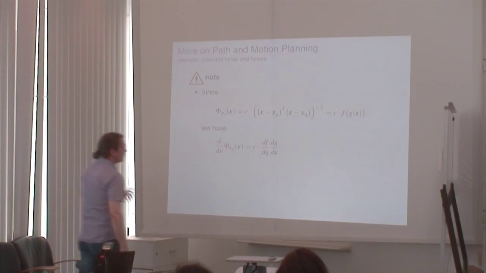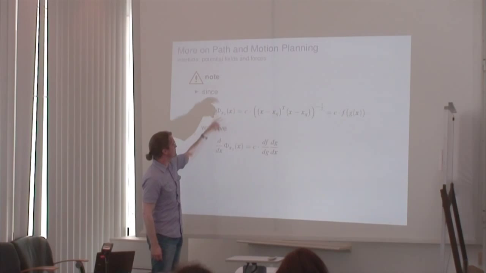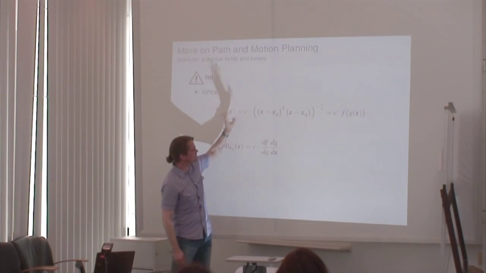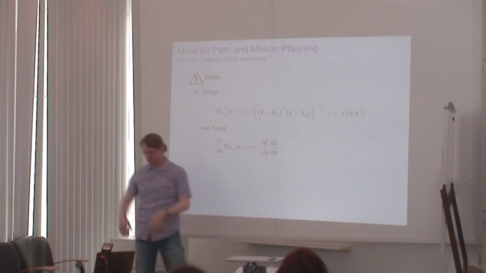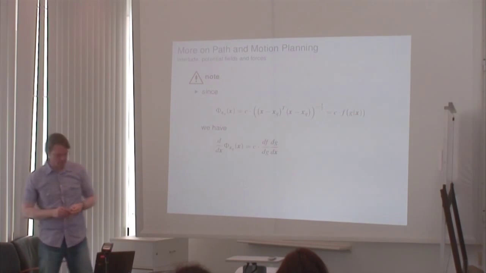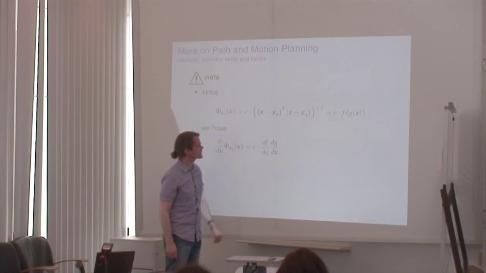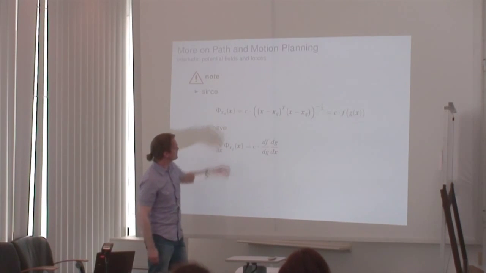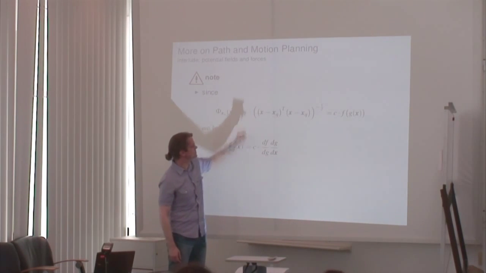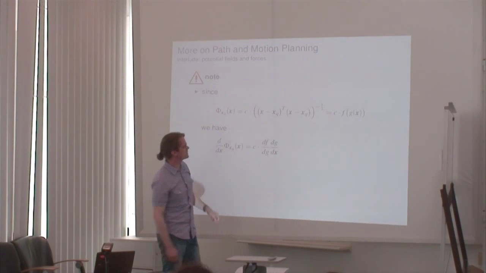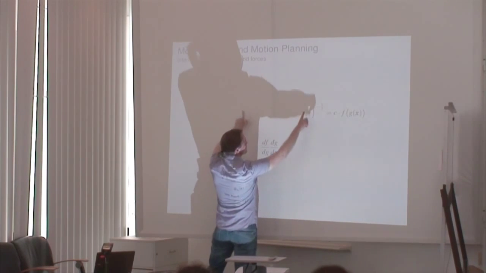Now, we already discussed that this function can be expressed as some constant times this negative square root, that's 1 over the square root of a scalar product. And so we see that the term following this constant c is a function.